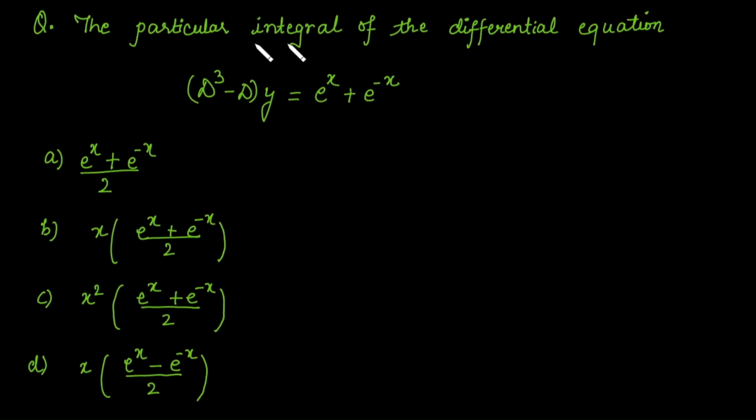Next question is, what is a particular integral of this differential equation? So let's find the particular integral in this case, that is equal to 1 upon d cube minus d, e raised to power x plus e raised to power minus x. So separate this operator form in each term.